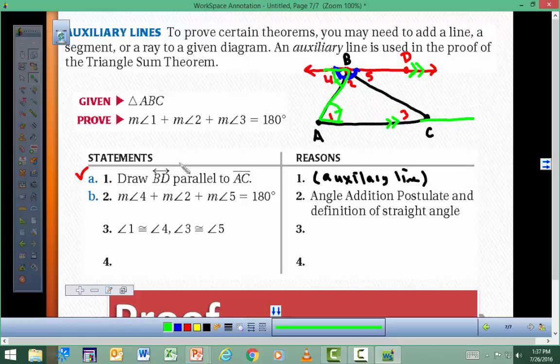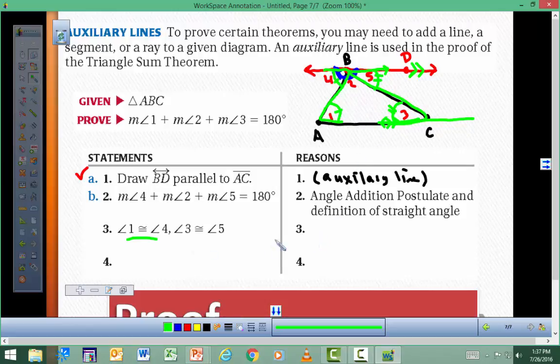And likewise, you could say angle 3 over here is congruent to angle 5 because there's a zigzag pattern on this side. Anytime you have this zigzag pattern, you're going to have alternate interior angles.